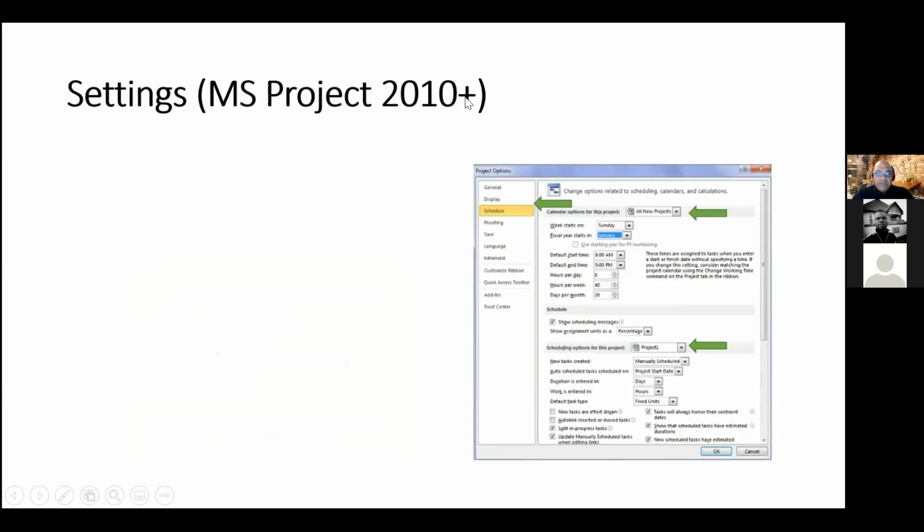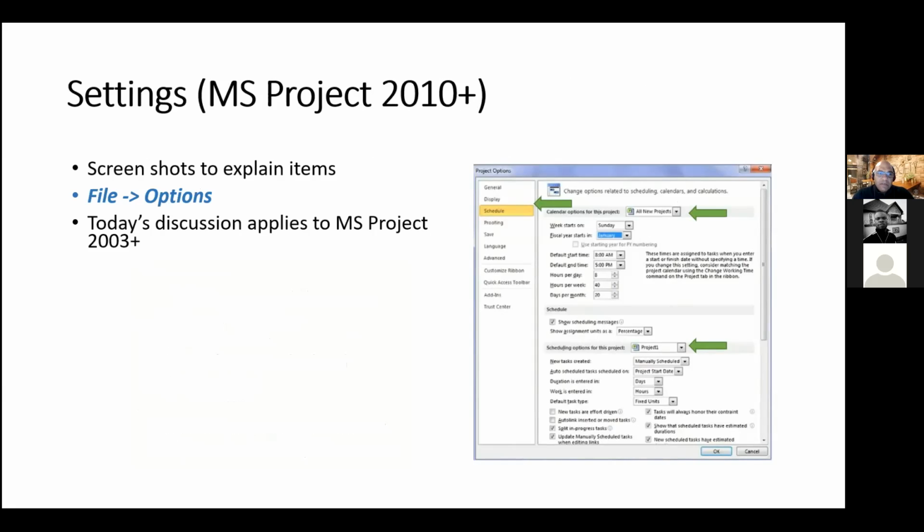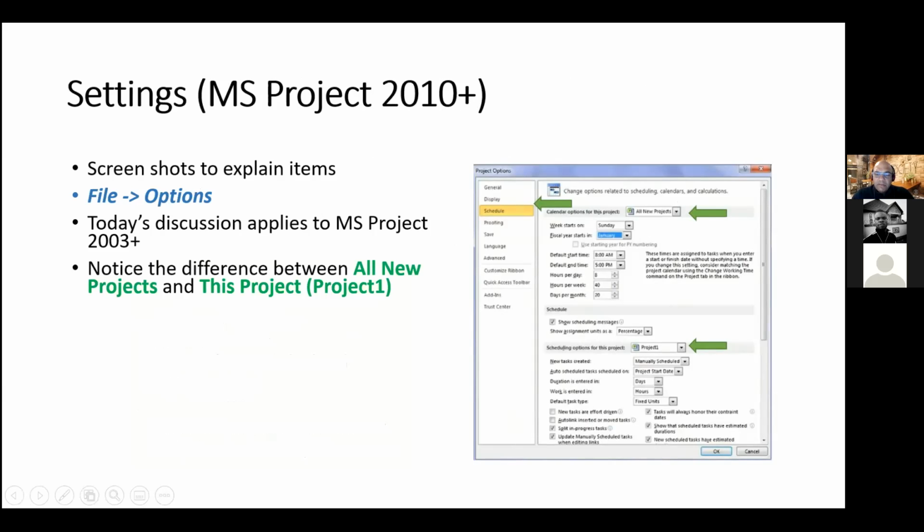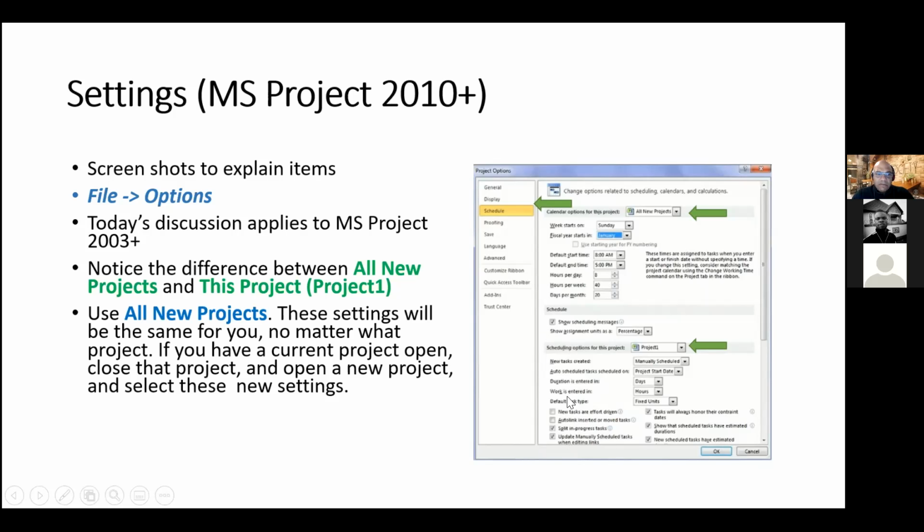Like I said, these settings are from Microsoft Project 2010 upwards. I'm going to use screenshots like this to explain how to set things up. In this case, just go to File Options in Microsoft Project. You will notice there's my annotation.